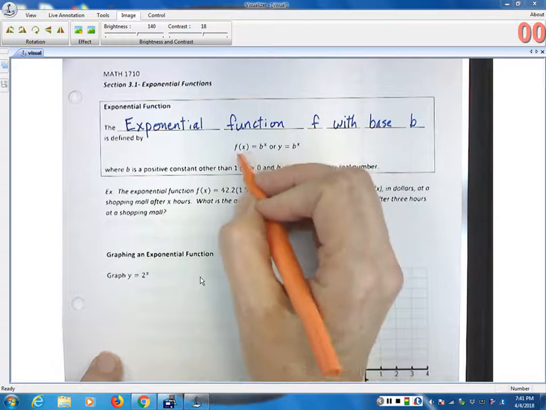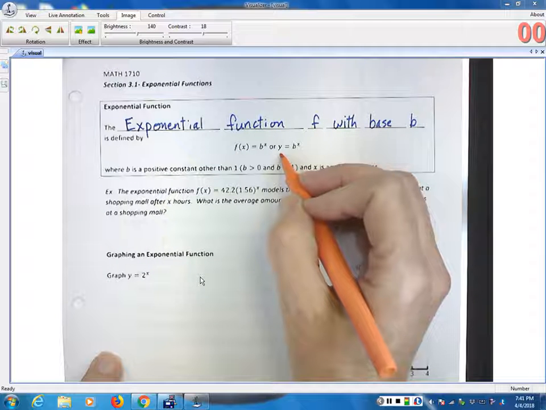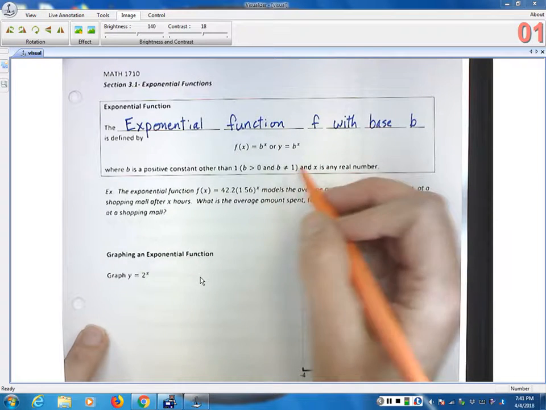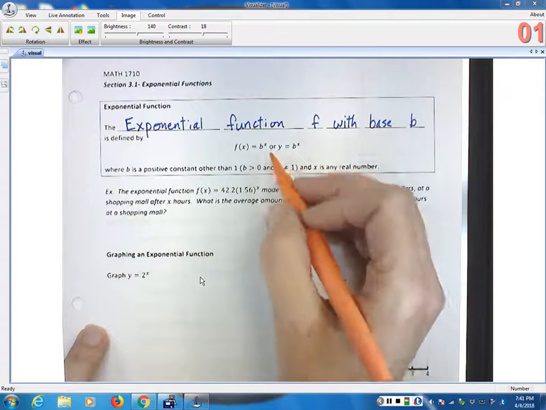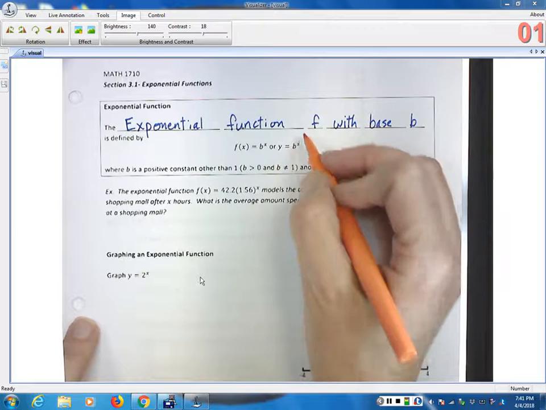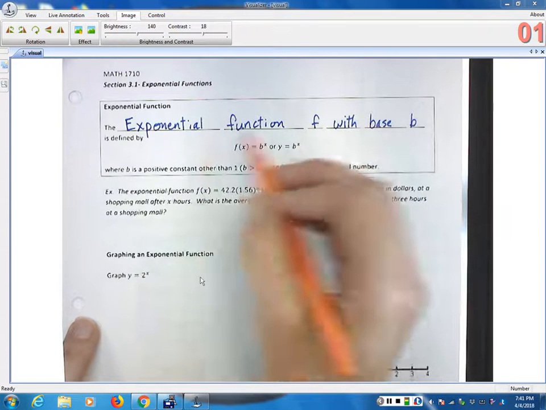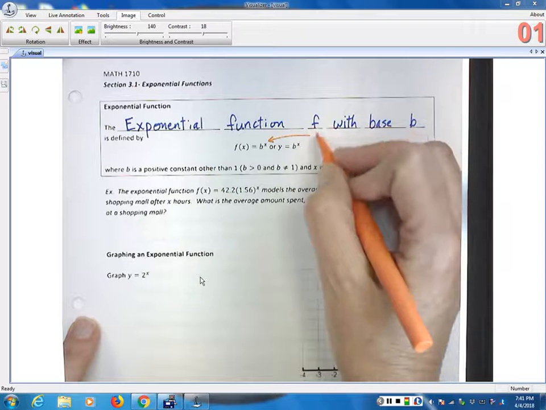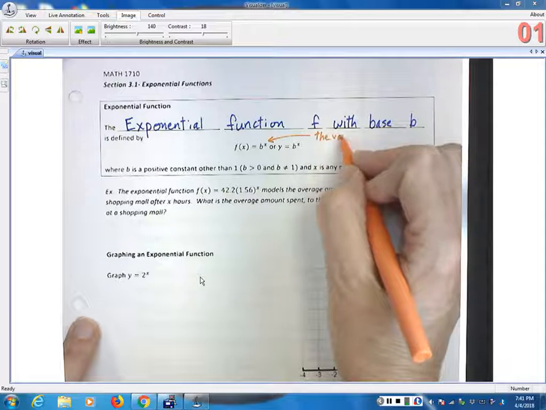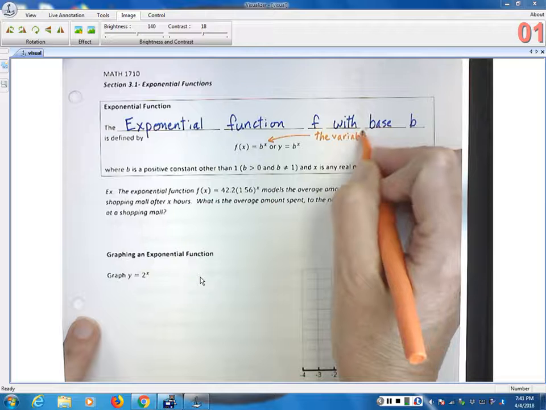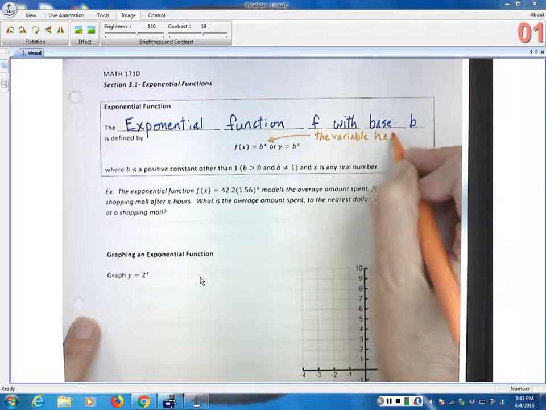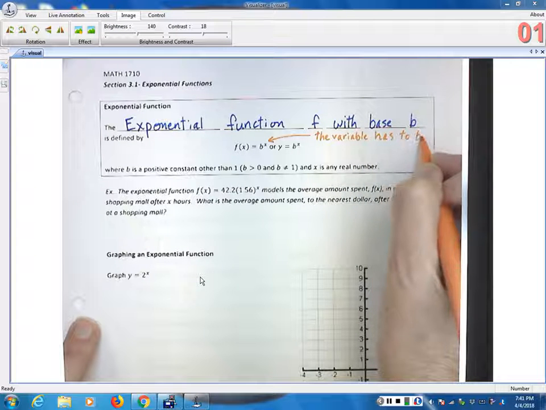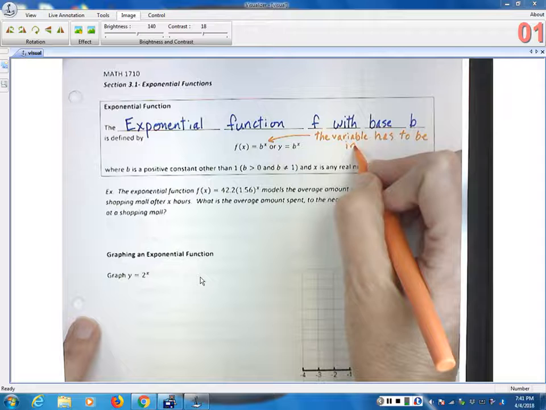So this is function notation, this is letting that be y. Now, these mean the same thing, but anyway, in order to be an exponential function, the variable has to be in the exponent.